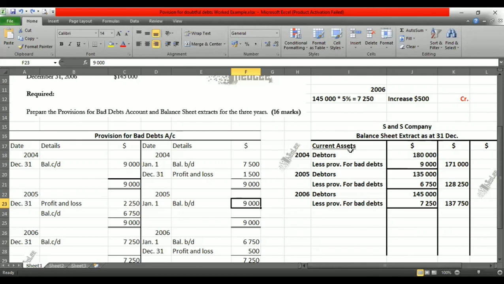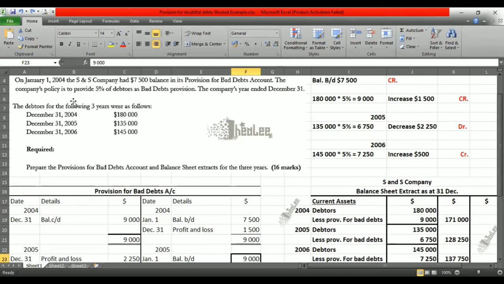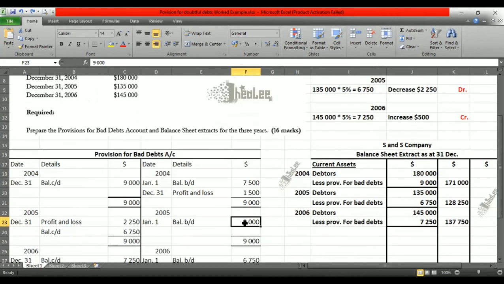Remember, your debtors is a current asset. We indicate that because we're doing an extract. We're showing how we would treat this item in your balance sheet. You list your debtors value. This 180 came from the question. 2004, 180,000. And from that, you minus your balance of 9,000 coming out of 2004. And you do the very same thing for 2005 and 2006. So there we have it.